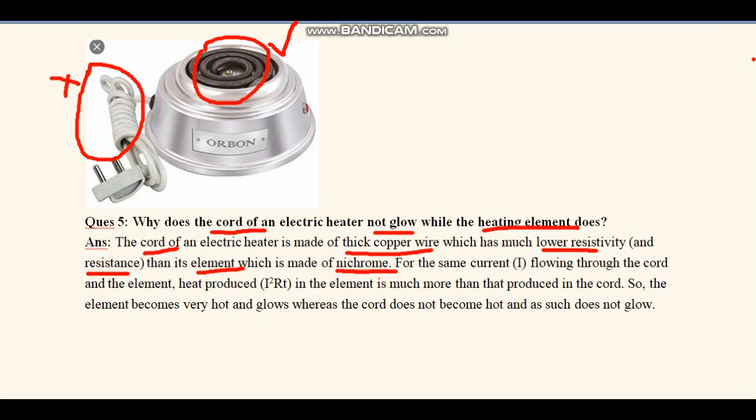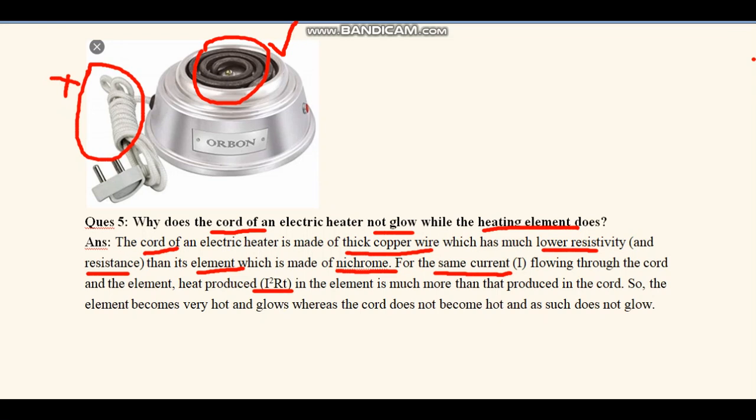So when the same current is passed through both of them, as per Joule's law of heating, that is I squared RT, since the values of I and T are the same, heat produced is proportional to R. Now R is less for the copper wire of the cord and R is more for the nichrome element. So due to the high heat produced, the element starts glowing. But not much heat is produced in the cord which is made of copper, so it does not glow.